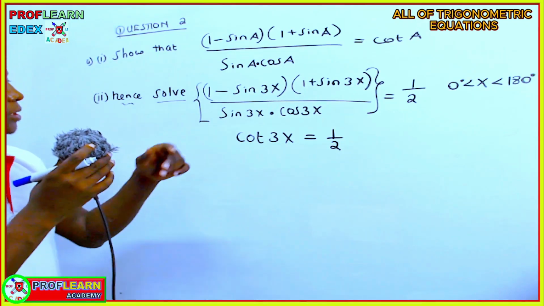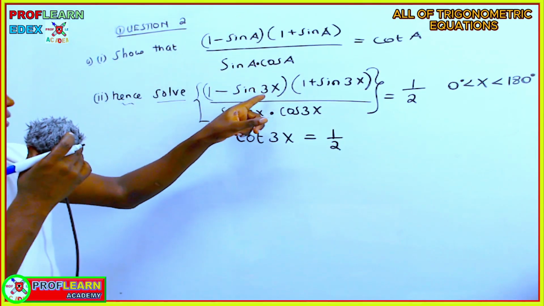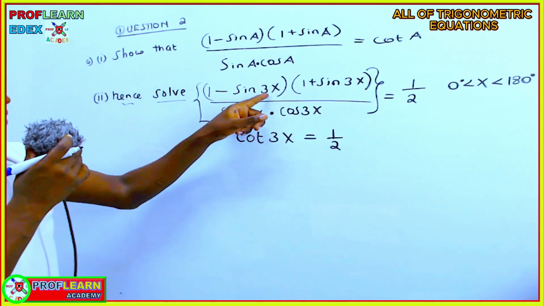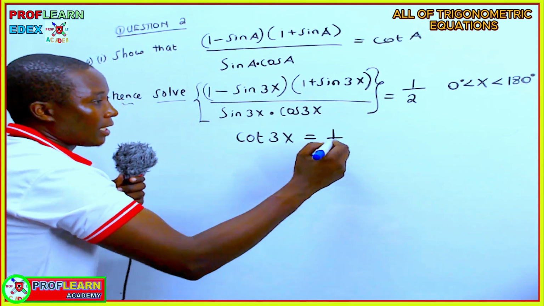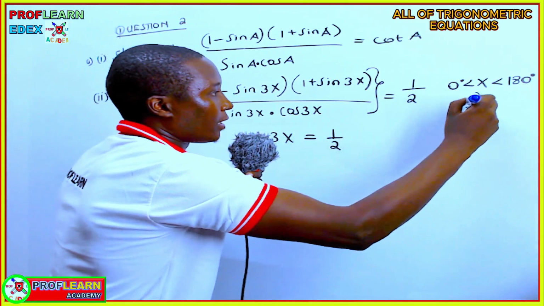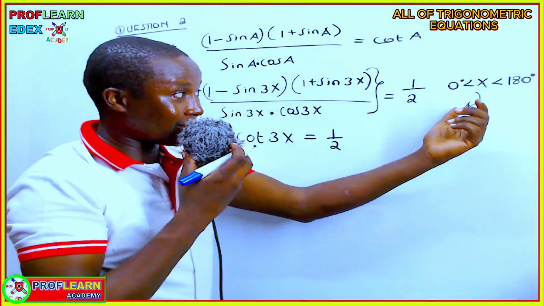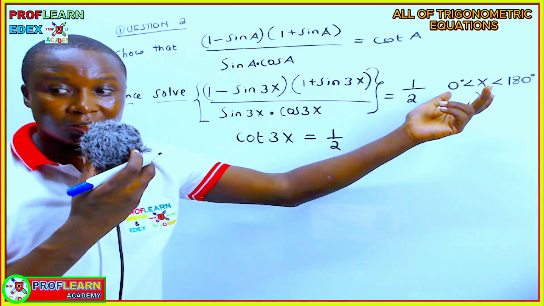In this case, it is exactly this equation, except that this part is 3x, so the A that we were having here can be replaced with 3x. Also look at the range, the domain of the angle: x was given between 0 and 180.